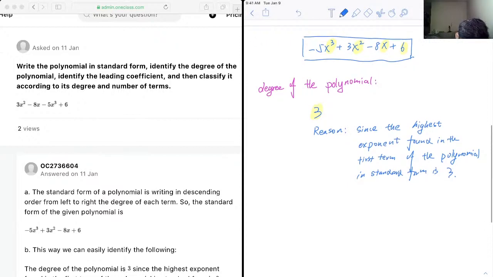And this 3 is from the negative 5x cubed, the exponent.